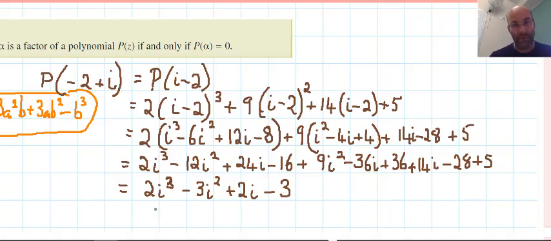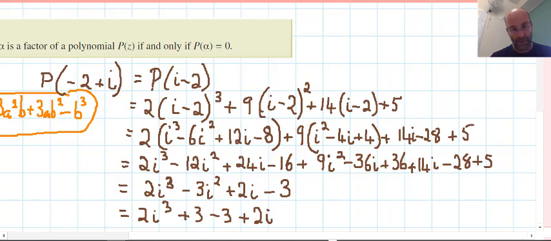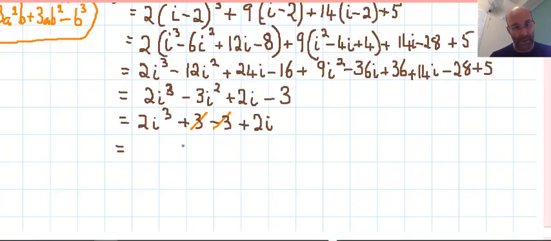Now noting that i squared is negative 1, we've got 2i cubed. Now that will be 3 times negative 1, that's negative 3, so minus negative 3 is plus 3. And there's a minus 3 there, and a 2i on the end now. Middle terms cancel.